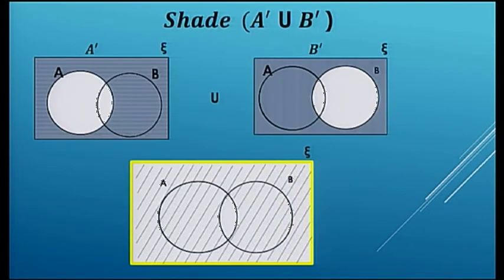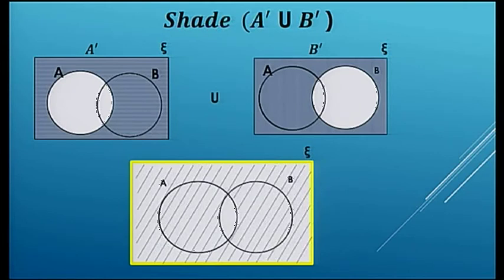This is the second example. Here we want to shade A dash union B dash. So first, we have shaded A dash. In the second one, we have shaded B dash, the region outside A and the region outside B. Here we are looking for the union of these two sets. That is, we need to take all the regions that are shaded in both diagrams.